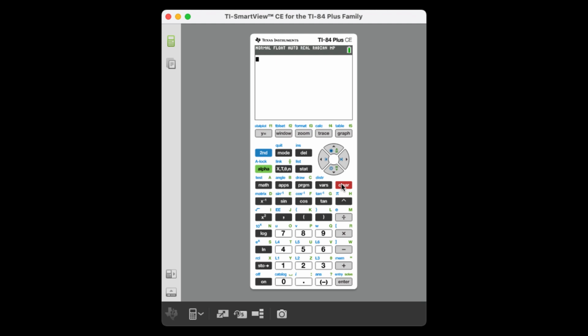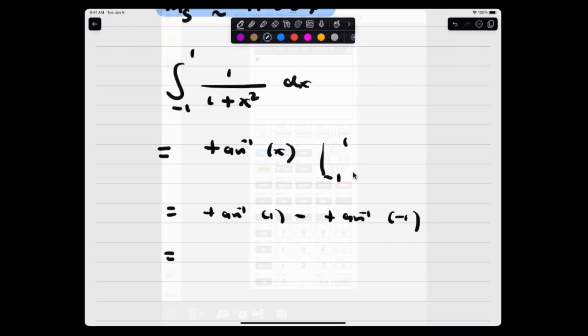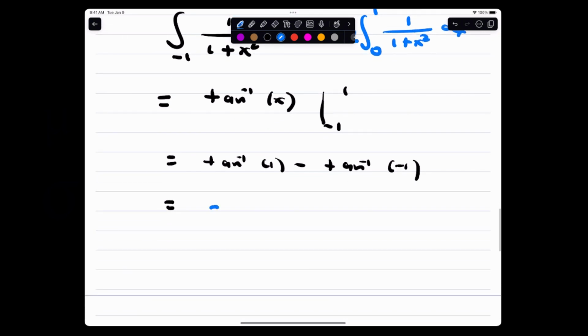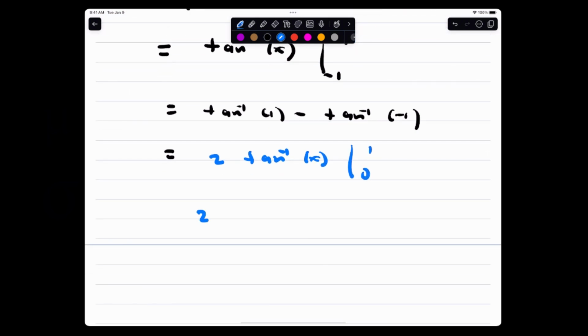In fact, here's what I'm going to do instead. You guys don't know this either. So pretend you're not seeing this. It's actually 2 inverse tangent from 0 to 1. It's 2 inverse tangent of 1 minus 2 inverse tangent of 0.